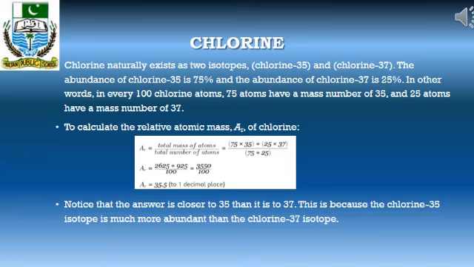So chlorine 35 is more abundant than chlorine 37, so relative atomic mass is closer to the value of 35, and it is 35.5, the relative atomic mass that we calculated.